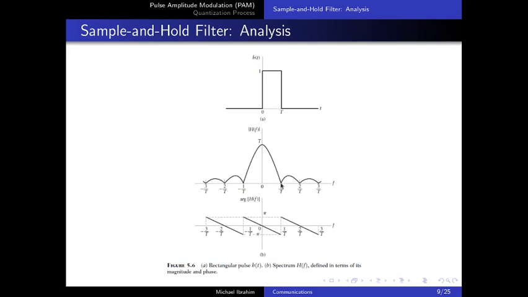The spectrum of this rectangular pulse is a sinc function, with zero crossings at 1 over T, 2 over T. If we consider the bandwidth from minus 1 over T to plus 1 over T, you can see that the bandwidth is inversely proportional to the width of the pulse. So a wider pulse will give us a smaller bandwidth and vice versa.